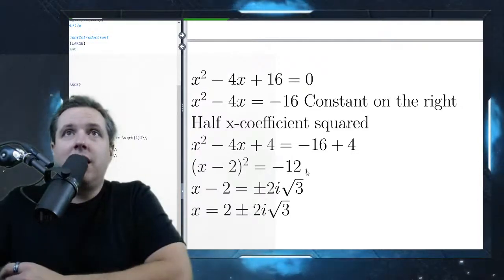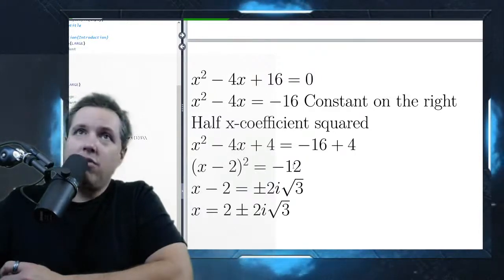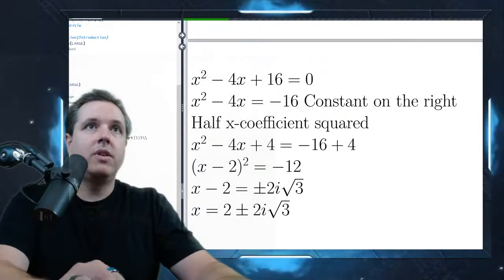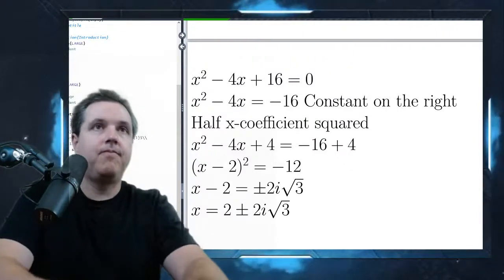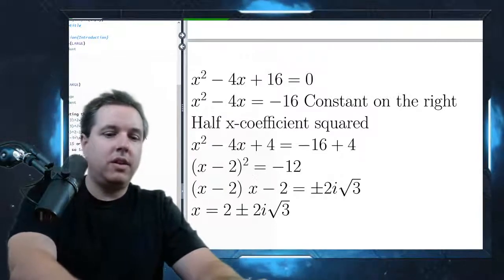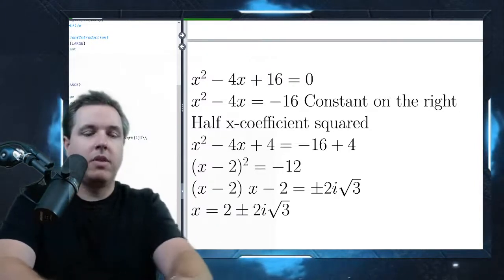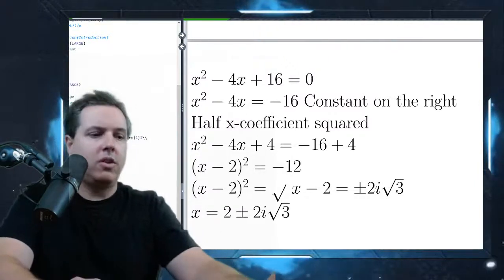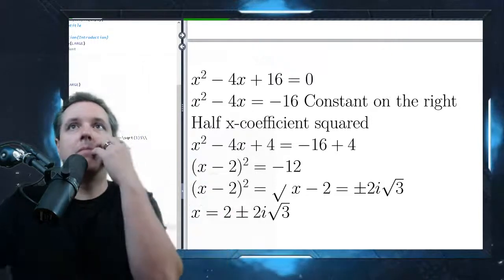If I take the square root of negative 12, I get the square root of negative 1 times the square root of, here, I'll just write it because there's a lot going on there. So x minus 2 squared equals the square root of negative 1 times the square root of 4 times the square root of 3.